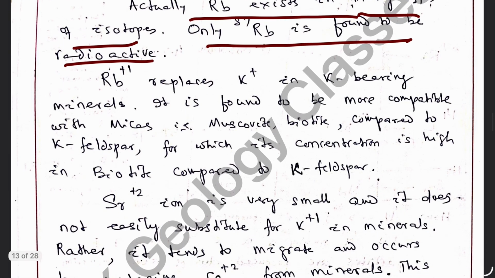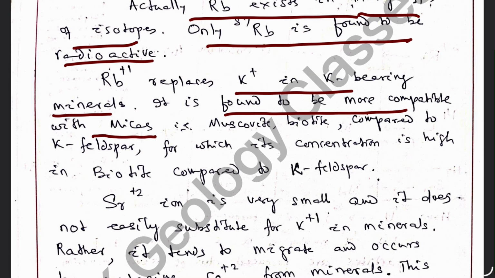So, rubidium has charge 1, or valency 1, and replaces potassium in potassium-bearing minerals. It is found to be more compatible with micas because muscovite and biotite contain potassium.